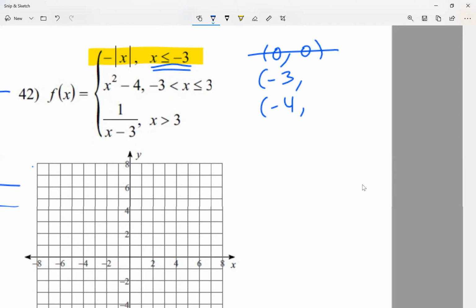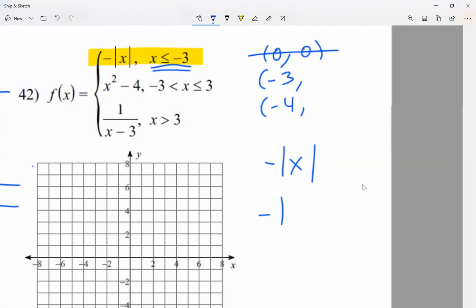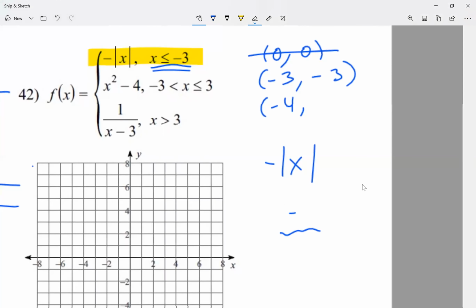So remember, my question is negative absolute value of x. So I'm looking at negative absolute value of negative 3. Just the absolute value is 3. Because of the negative sign outside, I get negative 3. My equation again is negative absolute value of x. But then I say, well, what if x equals negative 4? So there's a negative outside, absolute value, and negative 4 inside.